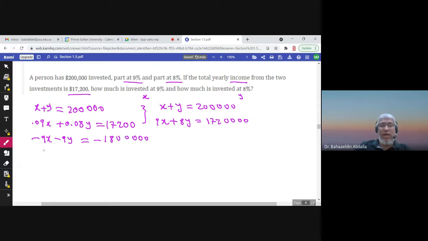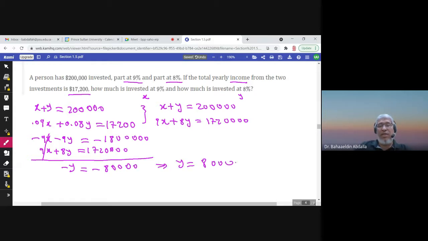And I have 9x plus 8y equals 172 and 4 zeros. Okay, now we can add both equations. So x will be cancelled. Negative 9 plus 8, that's negative y. And if I add these two numbers, I will have negative 80,000. So y, in fact, is 80,000.